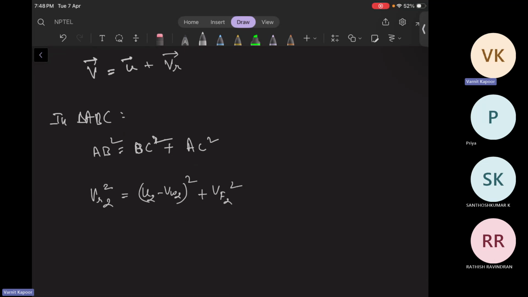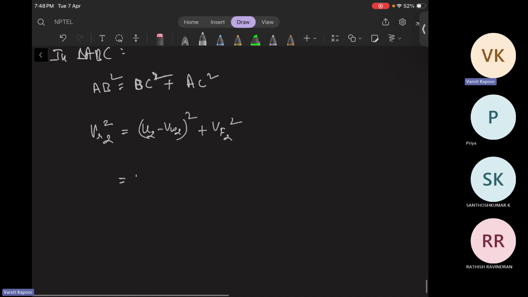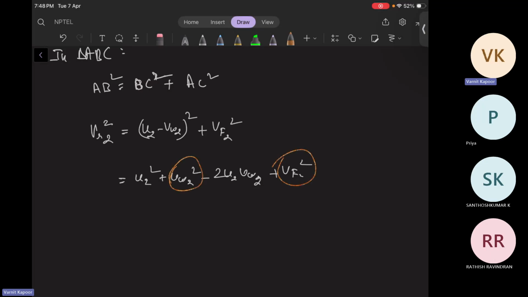Expand it. U2 square plus VW2 square minus 2 U2 VW2 plus VF2 square. And from the condition, VW2 square plus VF2 square is your absolute velocity, V2 square. So this is U2 square plus V2 square minus 2 U2 VW2 equals VR2 square.